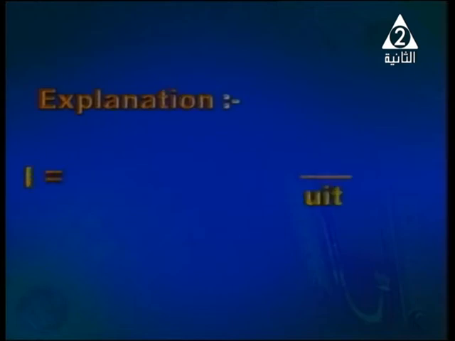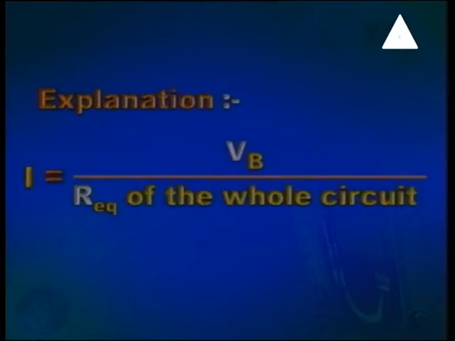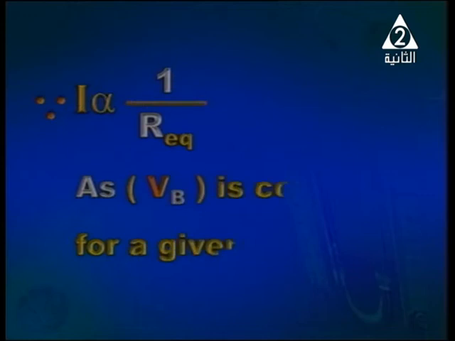Since the current through the battery is calculated from V battery over R equivalent of the whole circuit, and V battery is constant, of course, we've got an inverse relation between the current and R total, since V battery is unchanged.